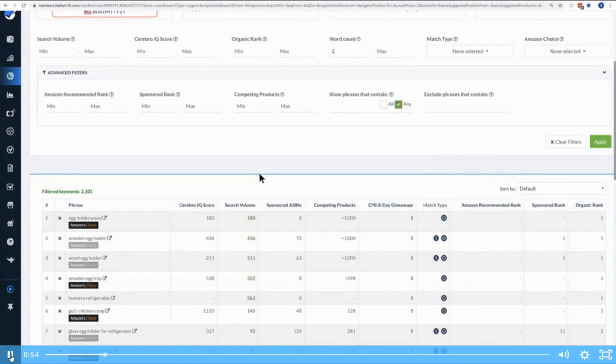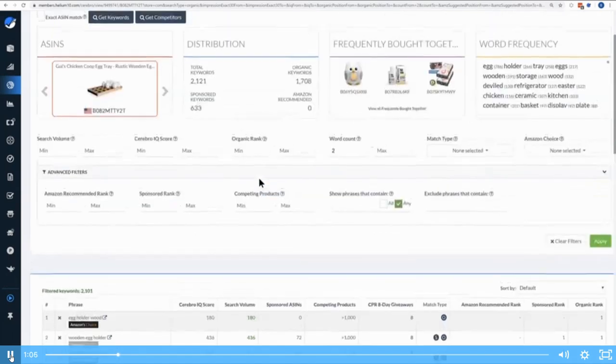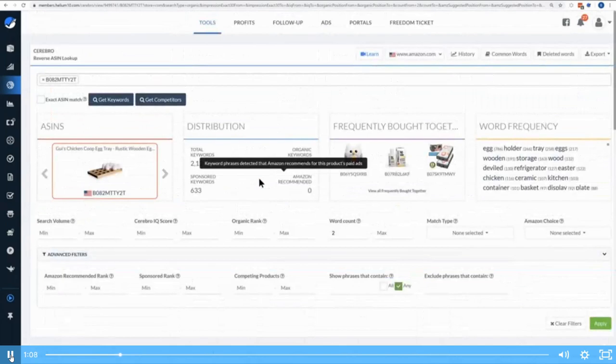Now, you might be wondering, how in the world did Helium 10 get this information? Well, Amazon doesn't make this information public. And this is not exact information. In other words, we're not pulling something from Amazon and saying, this is exactly what Amazon says the search volume is. Interestingly enough, a couple of years ago, Amazon did make this information public, and we had the exact number that Amazon was displaying.